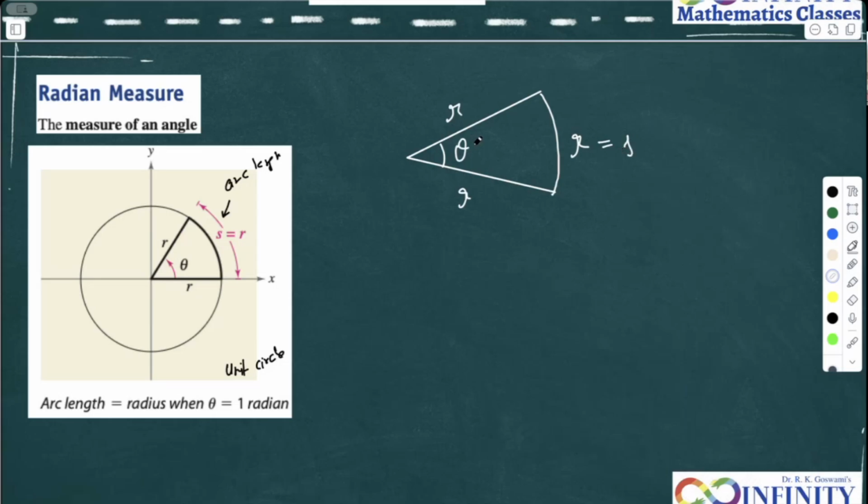So whatever the measure of the angle at the center by an arc of length equal to the radius, this angle is going to be 1 radian. This is how we define the radian angle. Let me tell you once more. Let me just see the definition actually. Again, I'm going to discuss the radian. So what is a radian? Let me talk about what is equal to 1 radian.